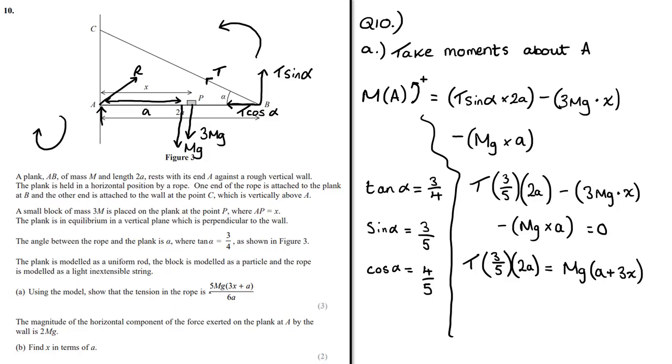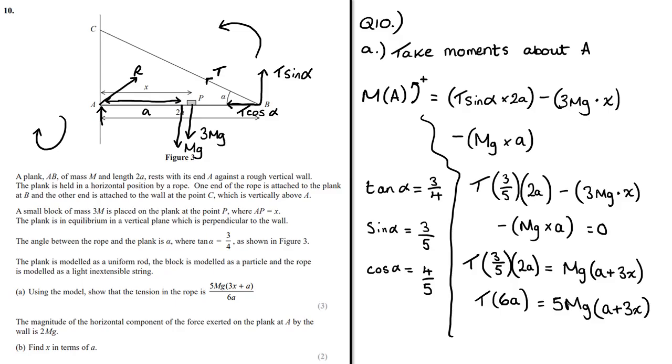Now, because I see in this expression it's 5mg, I'm going to times across here by this denominator of 5. So that gives me T times 3 lots of 2a, so that'll give me 6a. I nearly missed the 3 then. We've still got that 3 here, and I've times across by 5. So I get 5mg times a plus 3x.